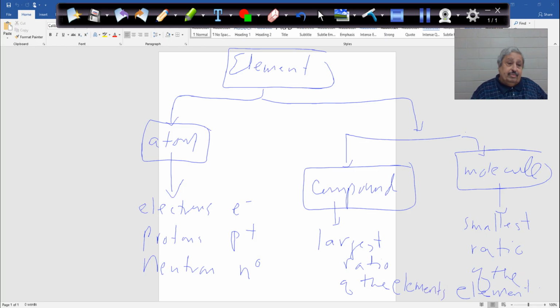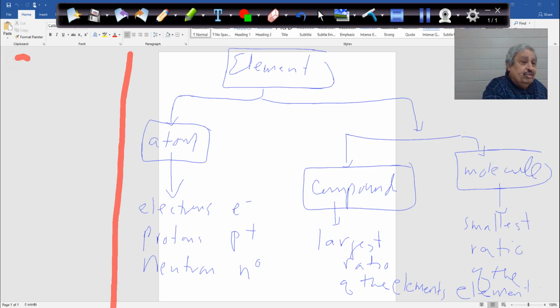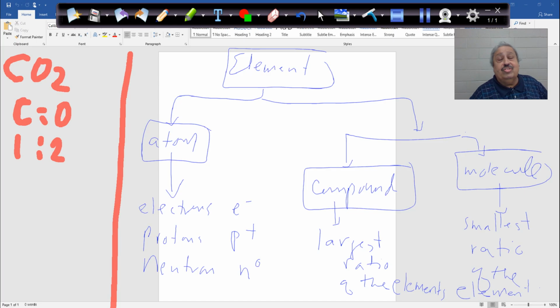So, for example, let's put here an example and say I have CO2. Is this a molecule or a compound? Carbon to oxygen is 1 to 2. Is this the smallest ratio or a larger ratio? What do you think?